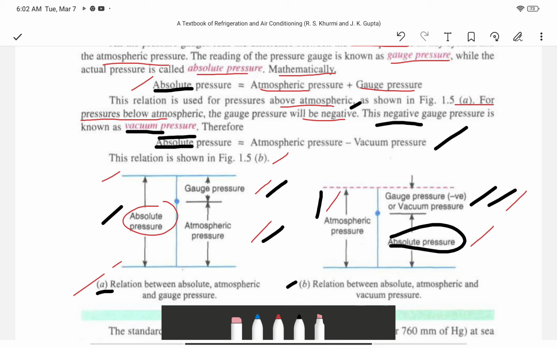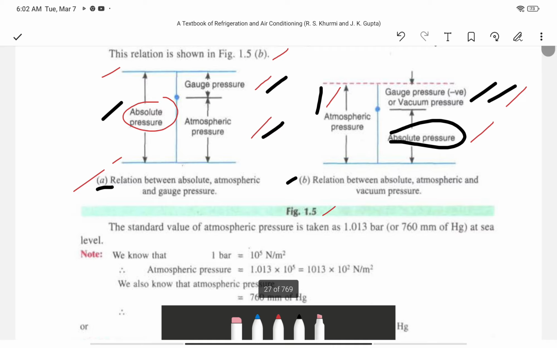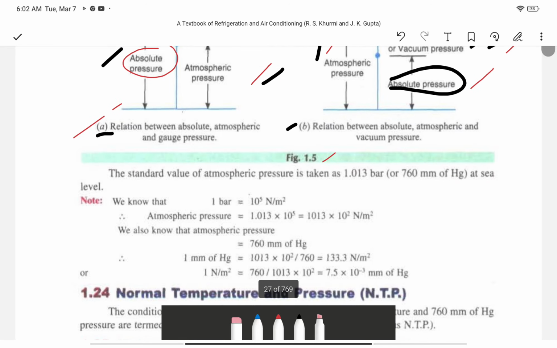You have to take it from two perspectives: absolute pressure and gauge pressure. The standard value of atmospheric pressure is taken as 1.013 bar or 760 millimeters of mercury (Hg) at sea level.